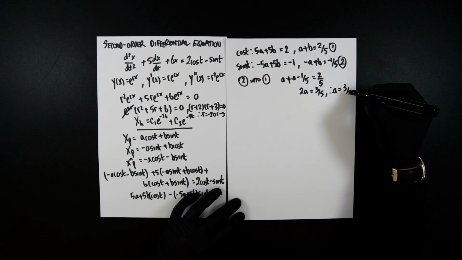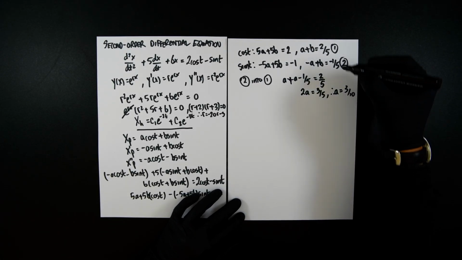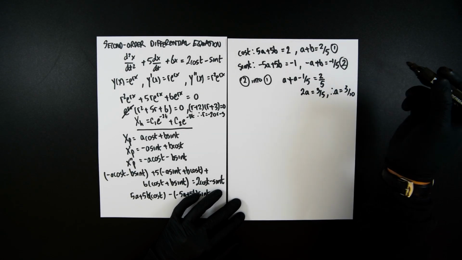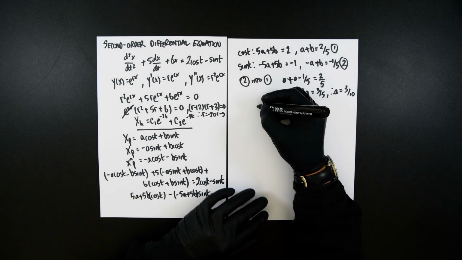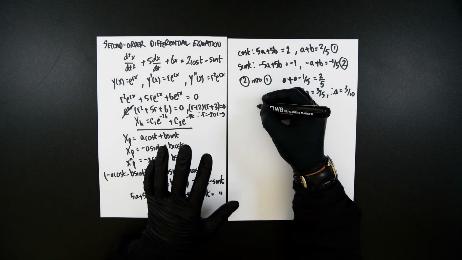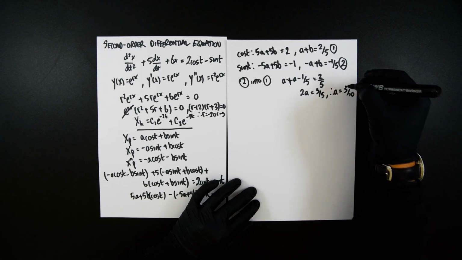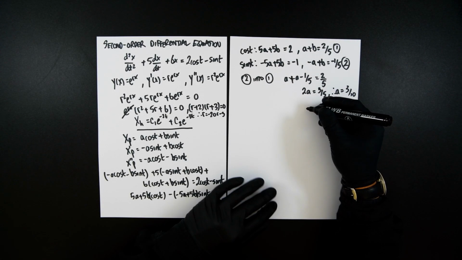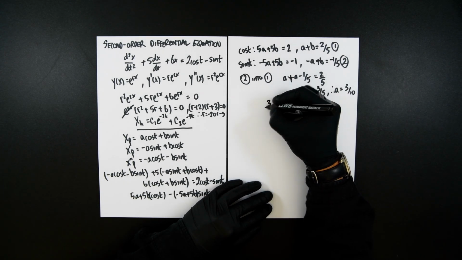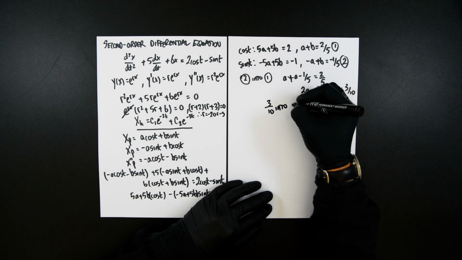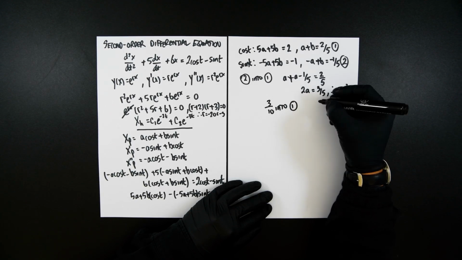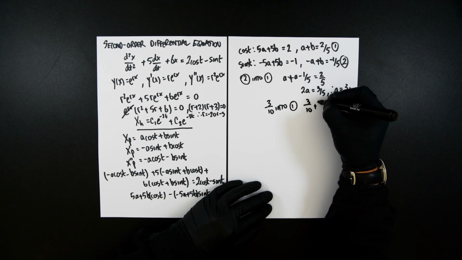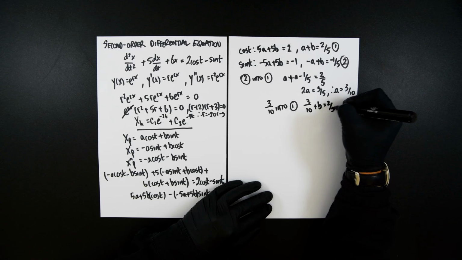We can now take this value of 3/10 and substitute it into either 1 or 2. I'm going to put it in 1. So 3/10 into 1. So it's going to be 3/10 plus b, which equals 2 over 5.